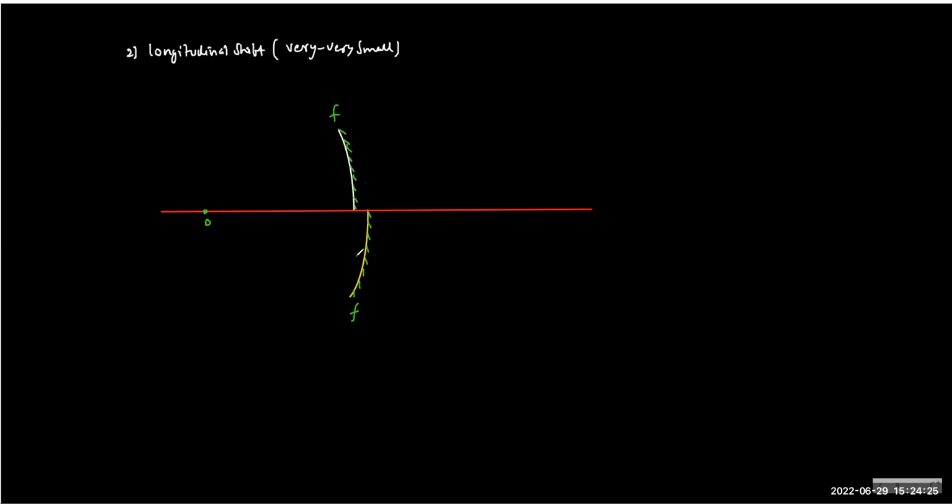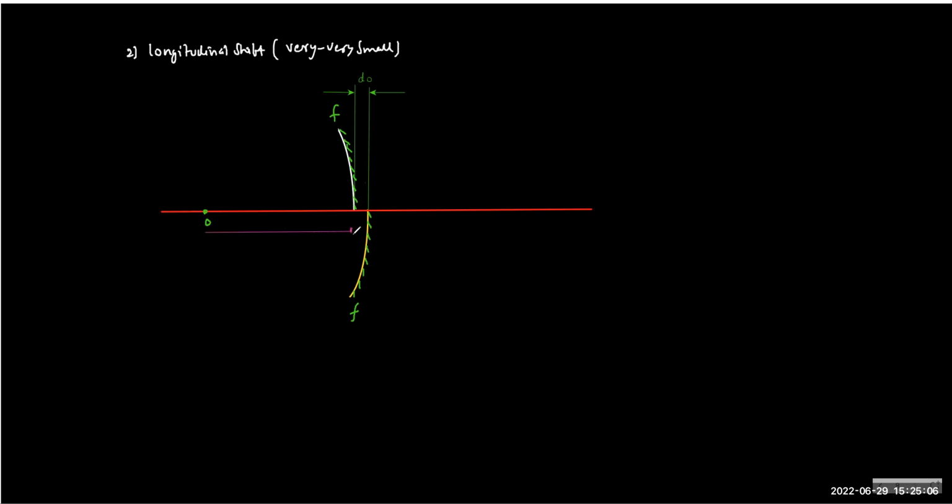You just shift the mirror slightly, and now this gap I'm going to call d naught. And we are keeping this distance very small. Now, why am I keeping it very small? Because the distance between the actual mirror and the object is essentially the same for both, because d naught is very small.